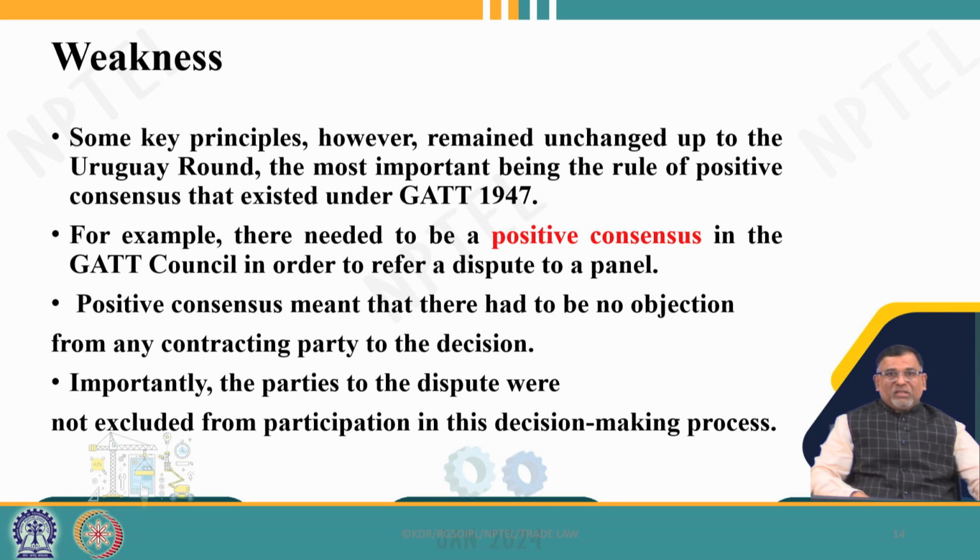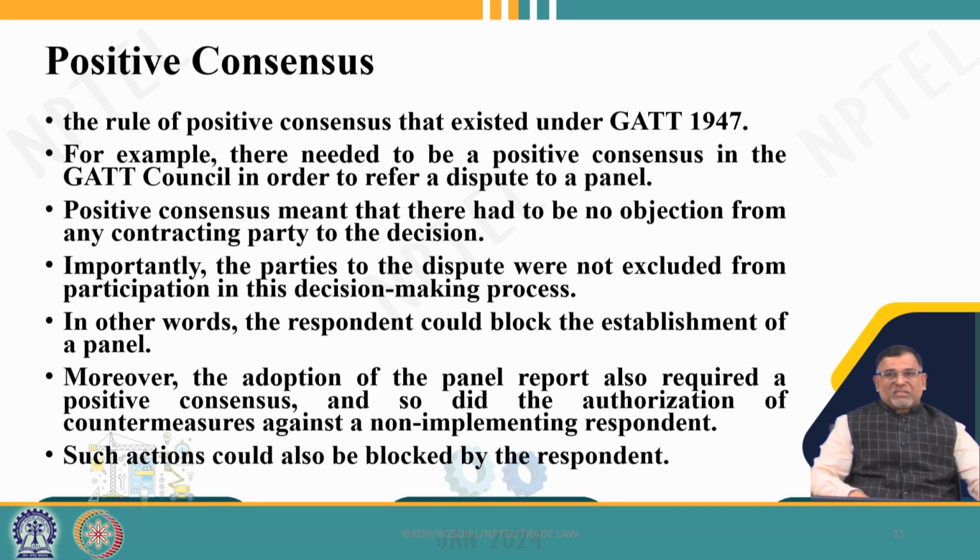If you look into the dispute settlement, we said that the decision making process became very difficult due to this positive consensus. So, what is this positive consensus? Positive consensus is nothing but that every member of the GATT should agree to such reports.